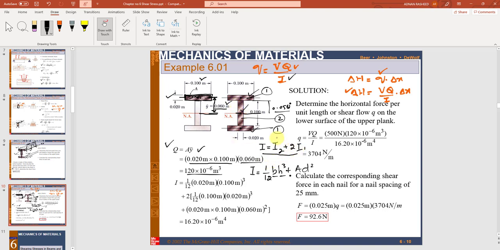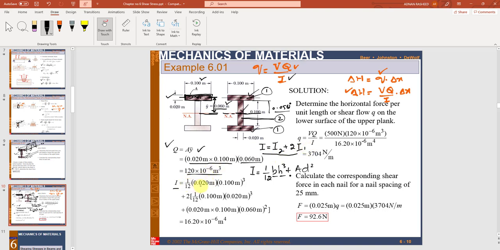In our case, for the second portion of the beam or web, you can see that neutral axis is passing through the centroid of this part 2. So D will be equal to 0 for I2. So we will calculate I is equal to I2 plus 2 times I1.